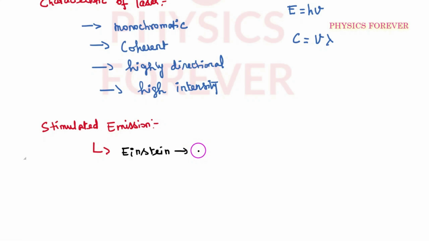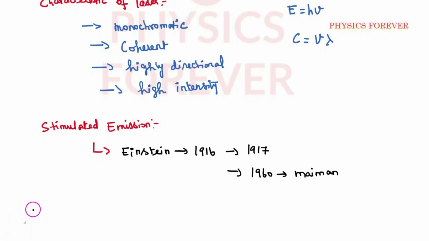He started his work earlier, but proposed it later. The first laser was the ruby laser in 1960 by Maiman. These are the important points and the basics of laser operation: it requires an excited atom, and the photons produced are coherent.